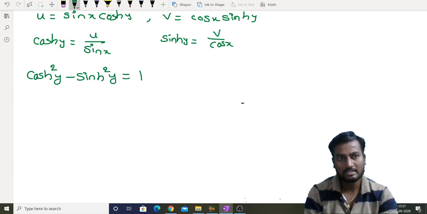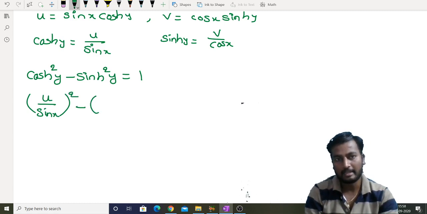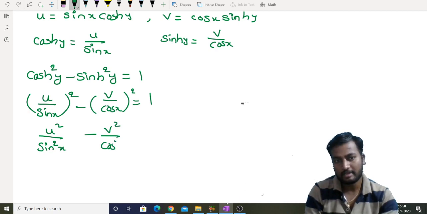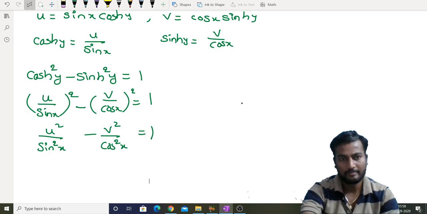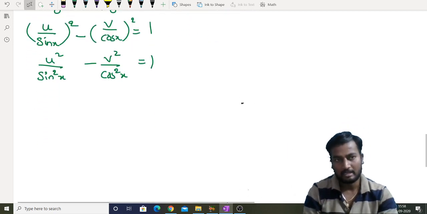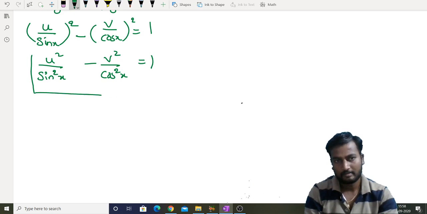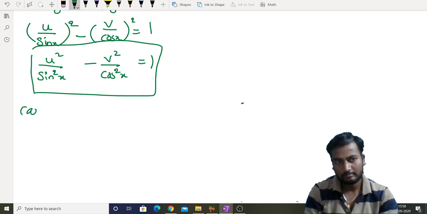Then (u by sin x) whole square minus (v by cos x) whole square equals 1. So that means u square by sin square x minus v square by cos square x equals 1. So this is our equation. Now case 2.